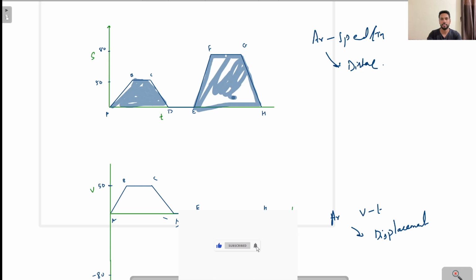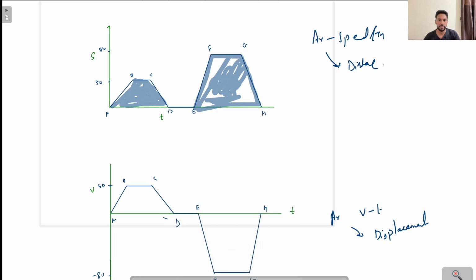So the area under this particular region is 200 meters. So what is this? Forward 100 meter, backward 200 meter. So your total distance is what? Distance is 300 meter. Your distance traveled here is 300 meter.